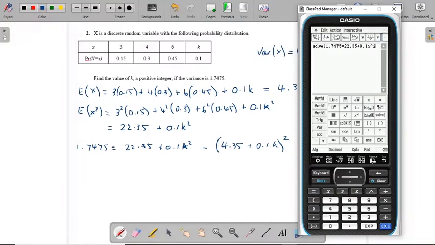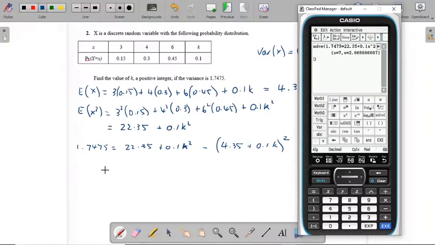Okay, so we've got 0.1k squared minus, and then make sure you've got it in brackets, 4.35 plus 0.1x, and that's all squared. And then we can just close our brackets there and press EXE. And so what we find is that x equals 7 or x equals 2.7.